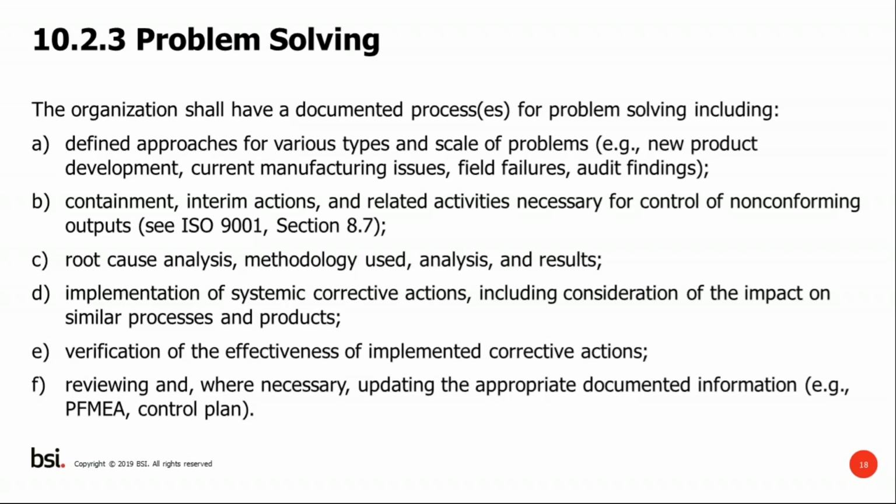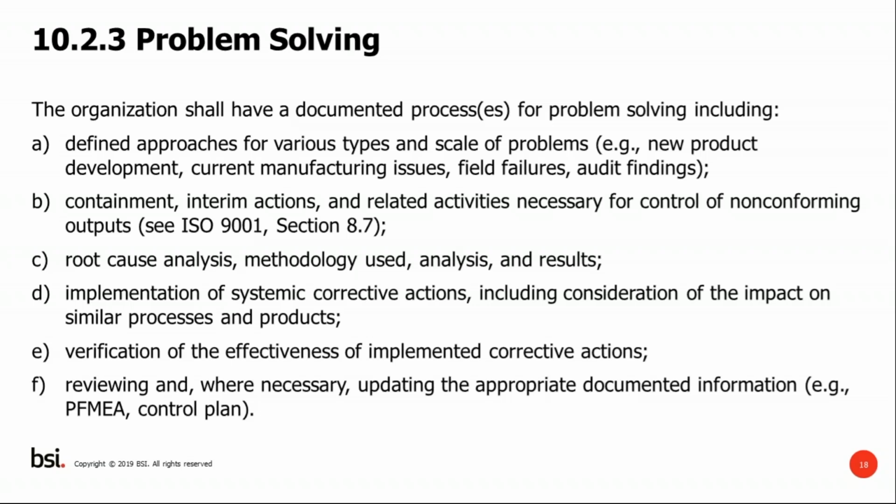We need to look at containment, interim actions and related activities necessary to control non-conforming outputs. We need to undertake root cause analysis, identify the methodology used, and analyse the results. We need to look at implementation of systemic corrective actions, including consideration for the impact on similar processes and products.